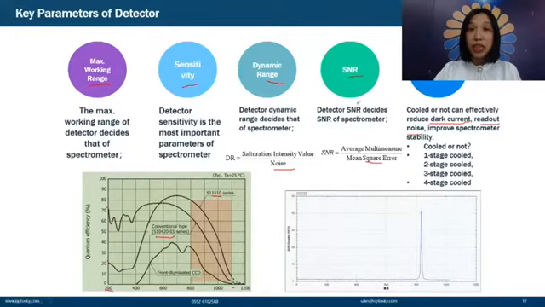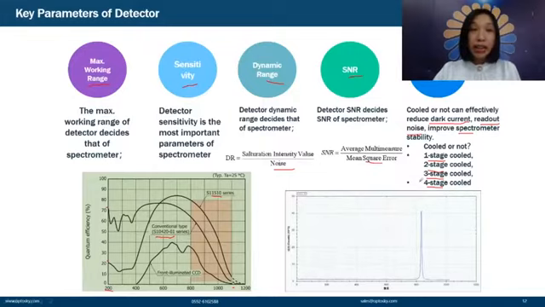So you can see these two important factors improve, and the performance can be improved quite a lot. When you ask about a cooled detector, you can ask if it is one-stage cooled, two-stage cooled, three-stage cooled, or four-stage cooled.